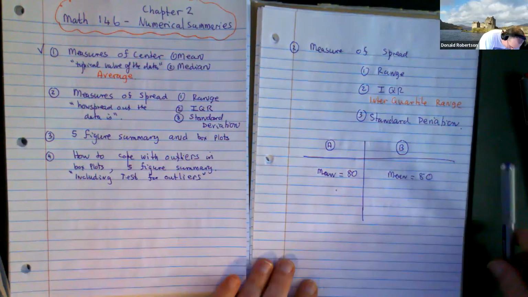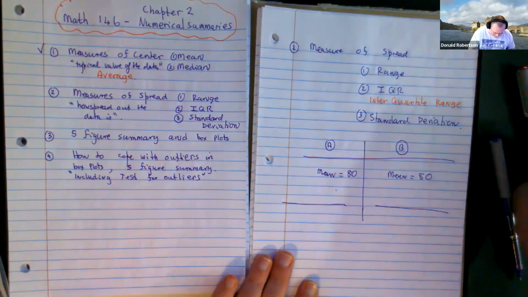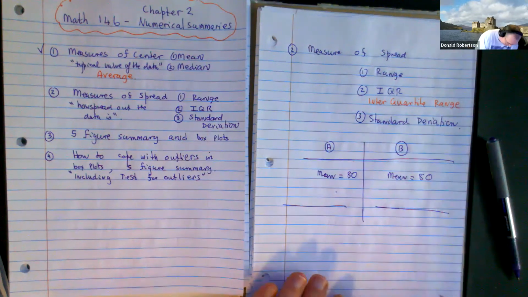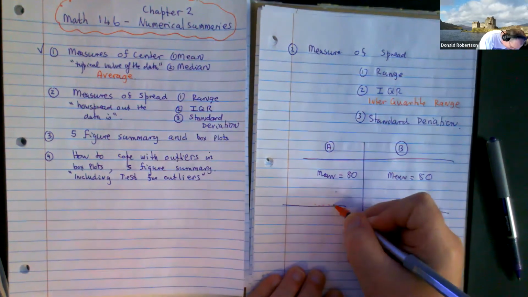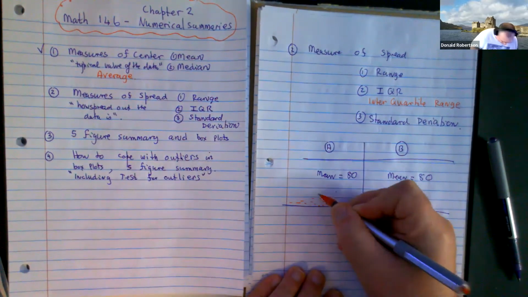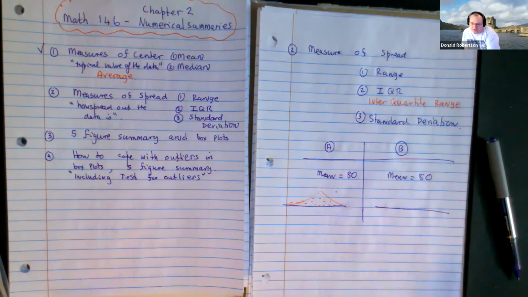But imagine, I'll draw it visually, that this is what the last 20 games look like. That's the first golfer.